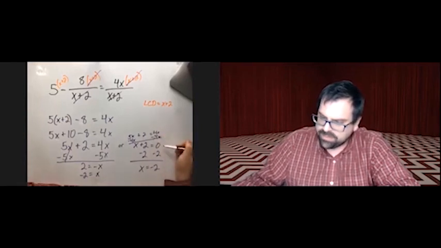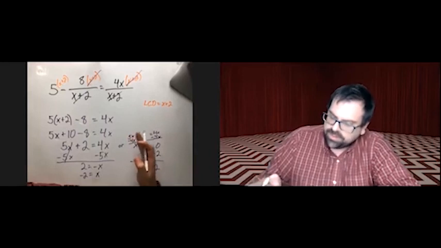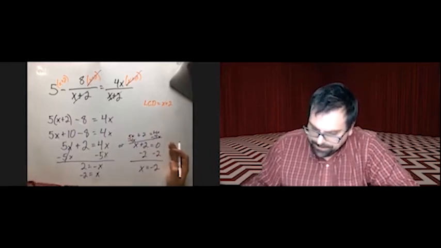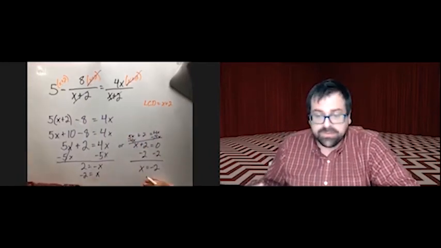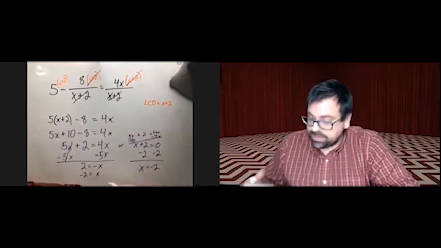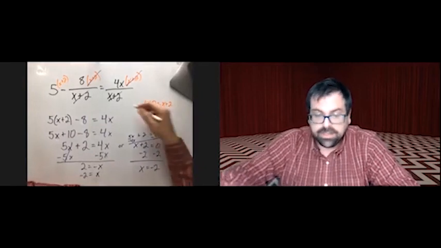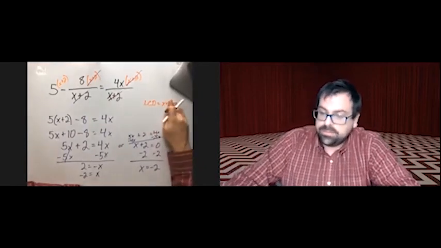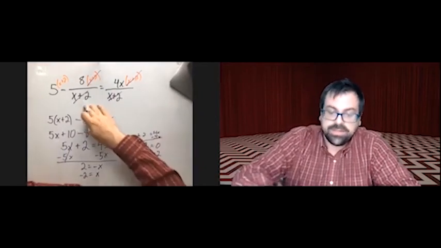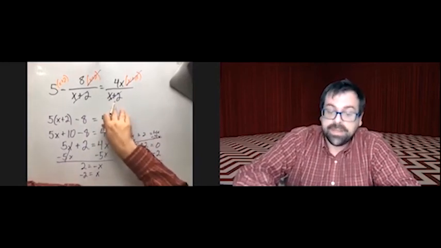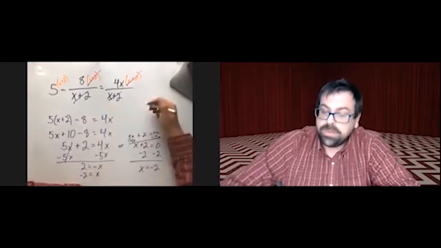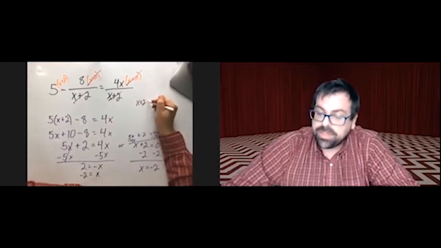4x minus 4x gave us 0, but now everything was over here. We had to do one more step. Either way, we get x equals negative 2. Check our answer. Are we allowed to have negative 2? Well, the denominators are the same. So the only value would be whatever makes x plus 2 equal 0.